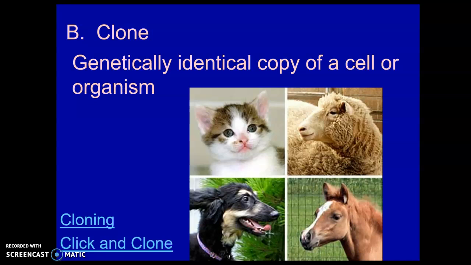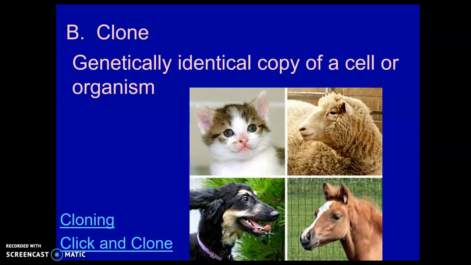One is cloning, which is the production of a genetically identical copy of a cell or of an organism. I've got a couple of things here for you to look at. One of them is Click and Clone, from the University of Utah website, a little interactive tutorial on cloning, and then a little video clip on how cloning can work.